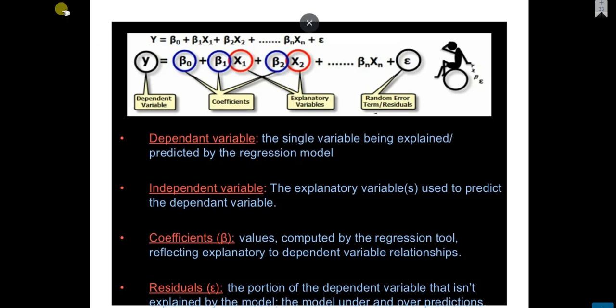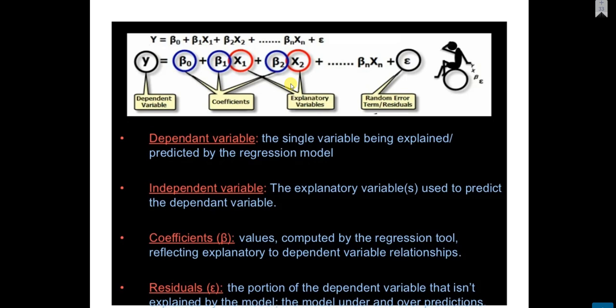So here you can see this is the Y. Y, the dependent variable, is equal to the coefficients, that is B0, B1, B2. Those are all the coefficients, that means they are the values computed by the regression tool reflecting explanatory to dependent variable relationships. And the X's are the explanatory variables.